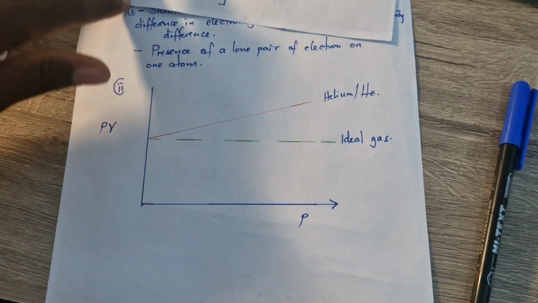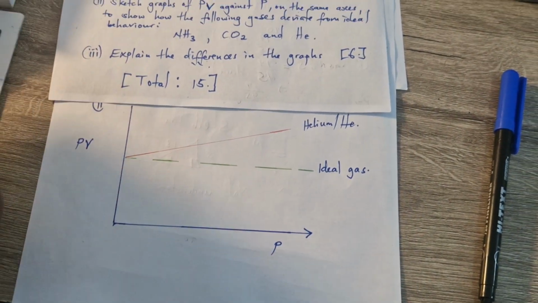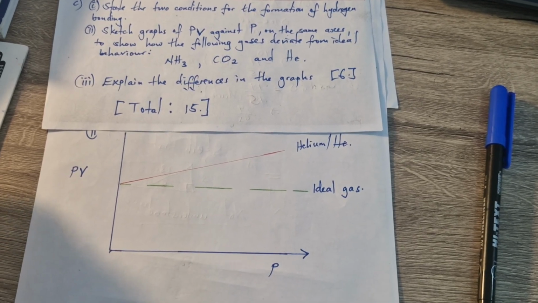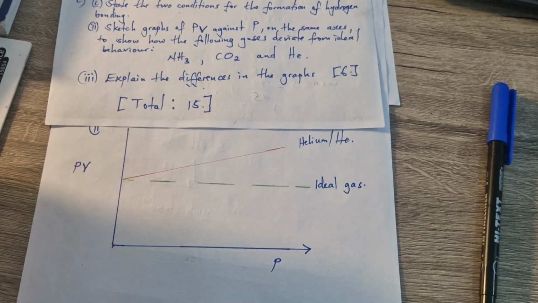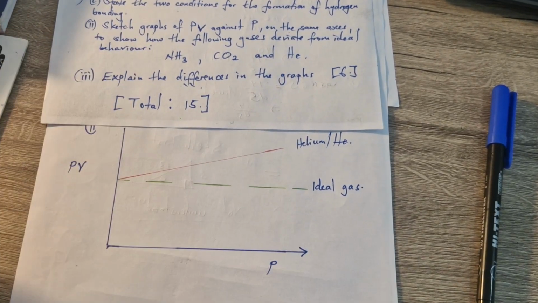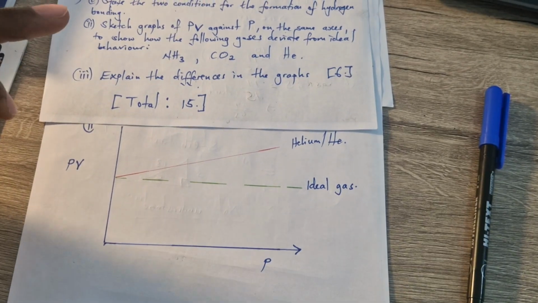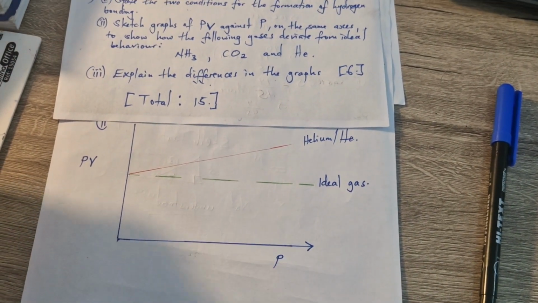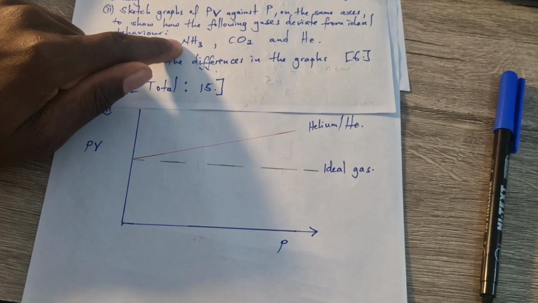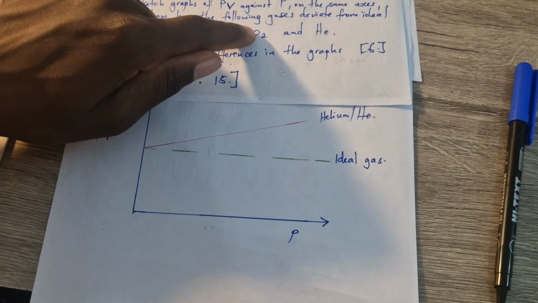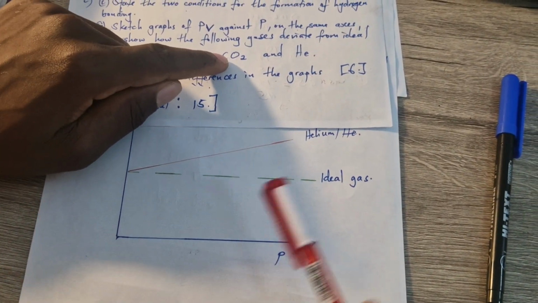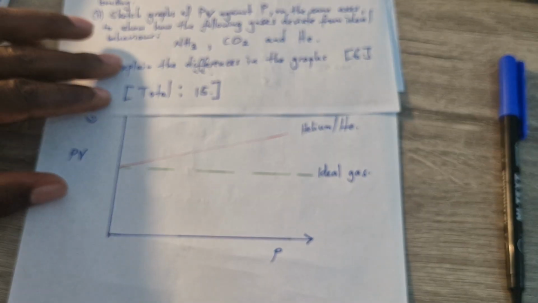Then for carbon dioxide, in carbon dioxide they are covalent bonds. But we know that in ammonia they are both hydrogen bonds and covalent bonds. Which means in ammonia there are stronger forces of attraction than in carbon dioxide, but the forces of attraction in carbon dioxide are stronger than those in helium.